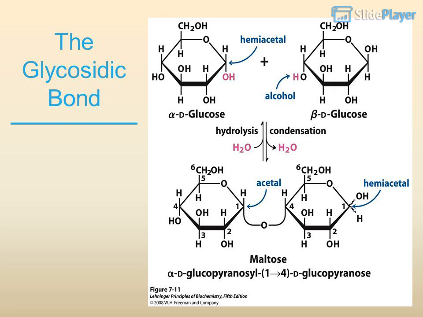The reversal of this reaction is hydrolysis, attack by H2O on the glycosidic bond. The maltose molecule, shown here as an illustration, retains a reducing hemiacetal at the C1 not involved in the glycosidic bond. Because mutarotation interconverts the alpha and beta forms of the hemiacetal, the bonds at this position are sometimes depicted with wavy lines, as shown here, to indicate that the structure may be either alpha or beta.